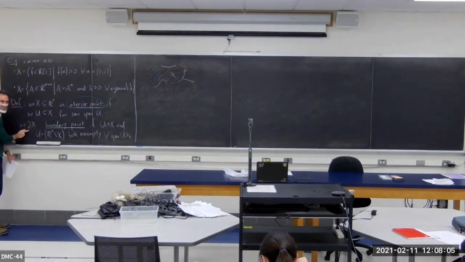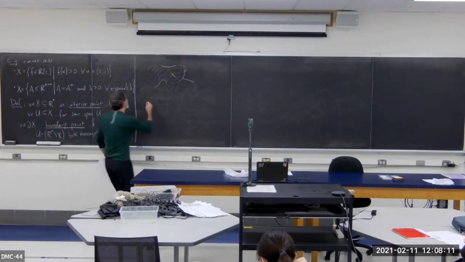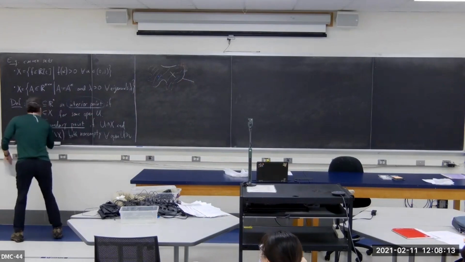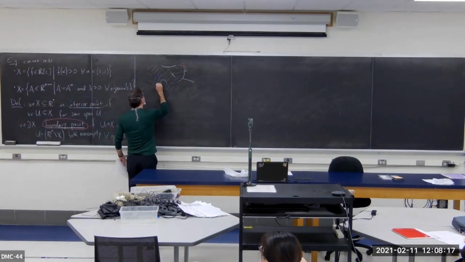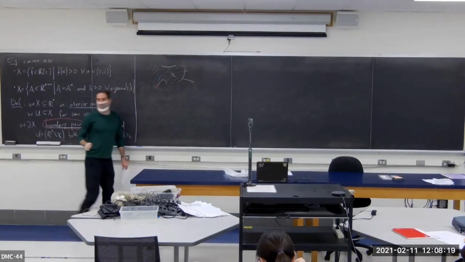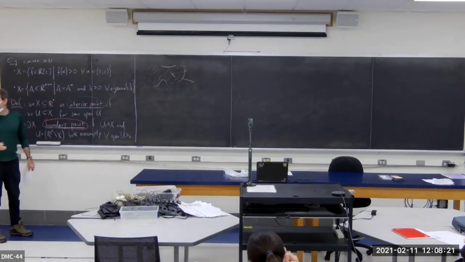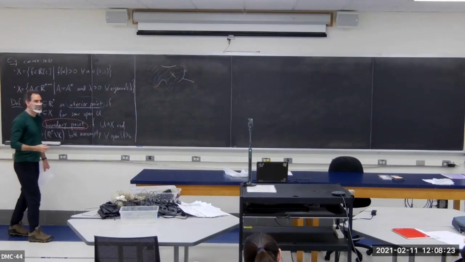So this is the boundary of X. And it's not important that this point be in X or not in X. It could be that point, or it could be even say this point. Those are both boundary points. One of them lies in X, one of them doesn't lie in X, but that's not relevant.